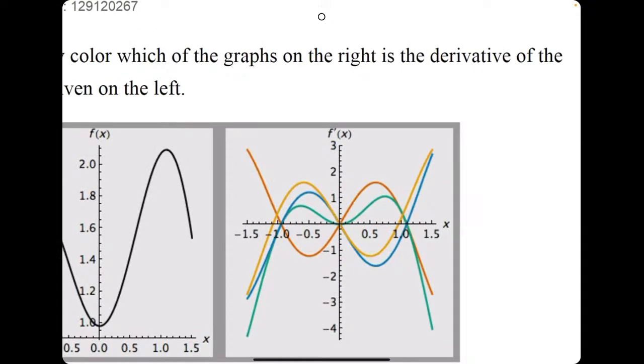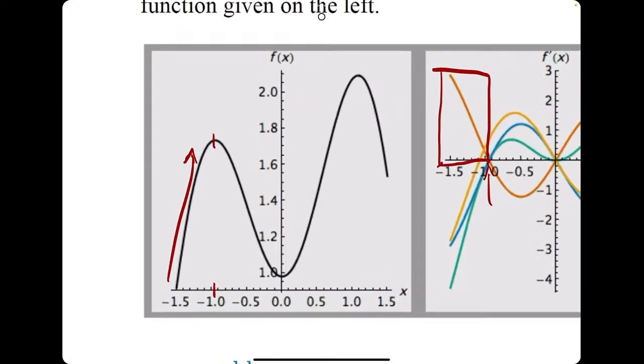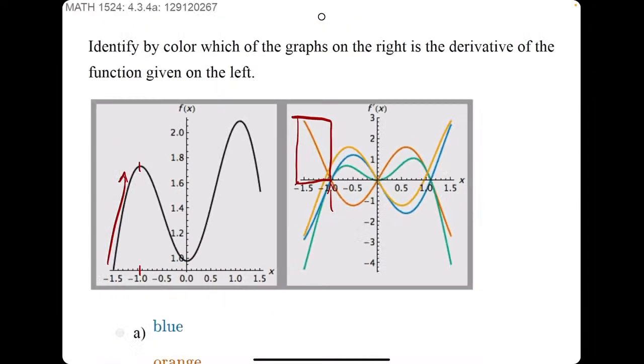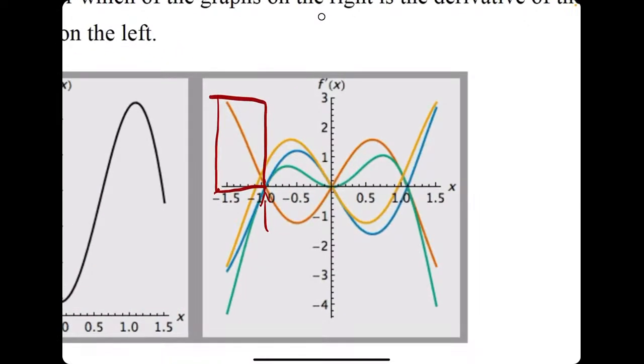That's why orange is above the x-axis until about negative 0.1. For as long as this is increasing, this should be above the x-axis. But once it changes and goes decreasing, so right around negative 0.1, that's where orange should go below the x-axis, and so on.